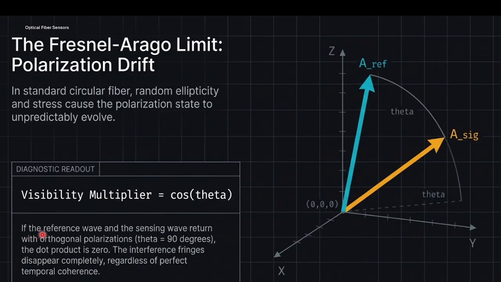If the reference wave and the sensing wave return with orthogonal polarization, theta is 90 degrees, the dot product is 0, and the fringes disappear completely, regardless of perfect temporal coherence. So the visibility multiplier is approximately cos theta.